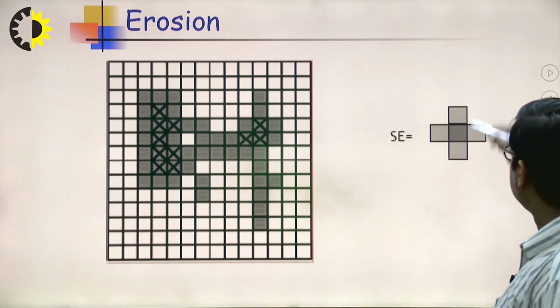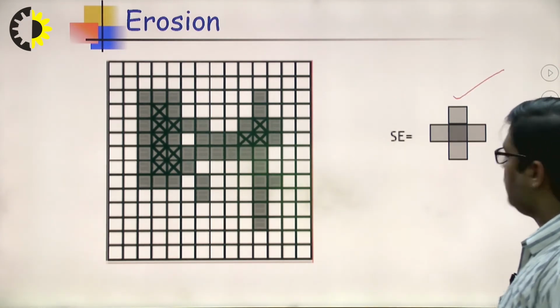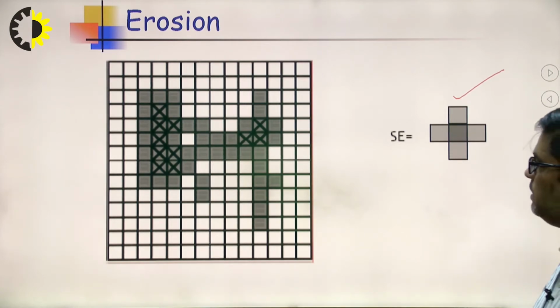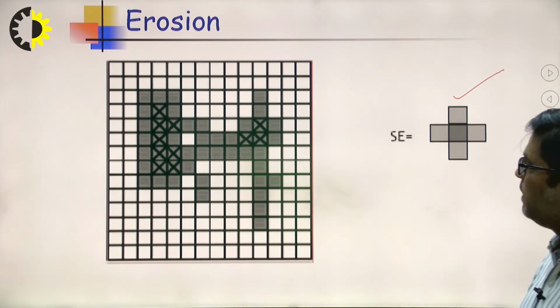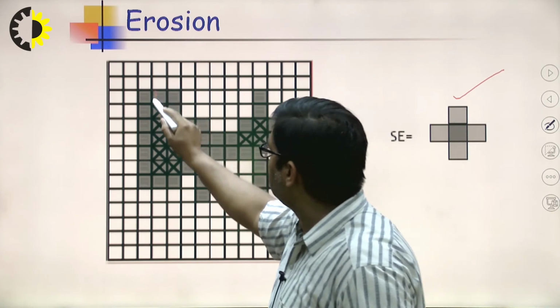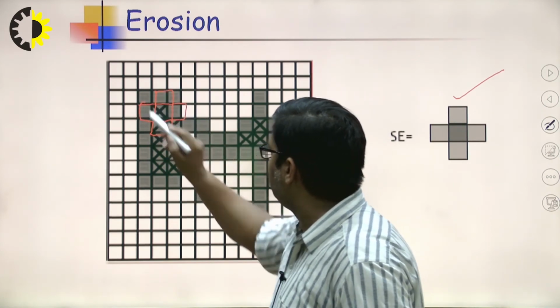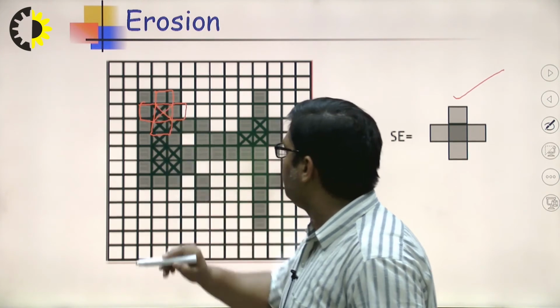Here is one more example, where we take a different kind of structuring element, with a different size or style. Whenever I apply the structuring element for erosion, I can see that it is matching completely here, so the central pixel will be highlighted.